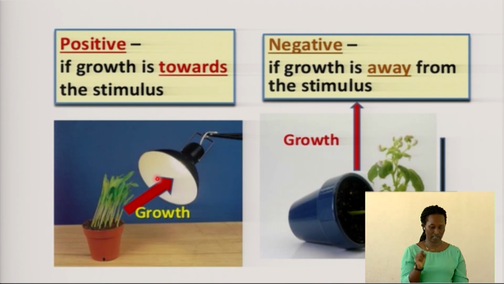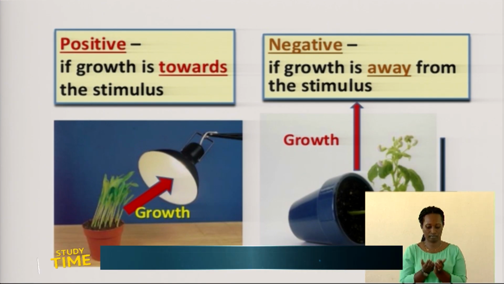Sometimes plant organs can move away from the stimulus. And let us take an example here. This is our bucket. Inside the bucket we have soil and water as well. Then we have planted this plant inside the bucket.